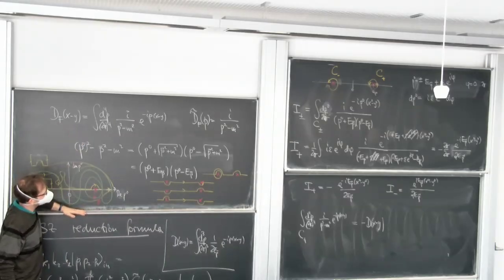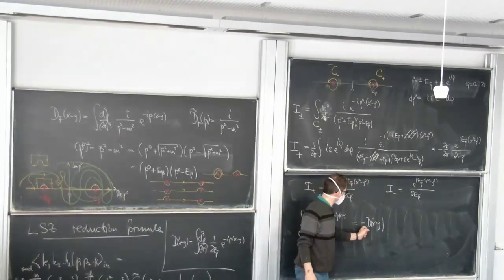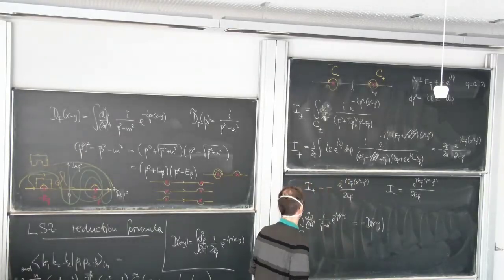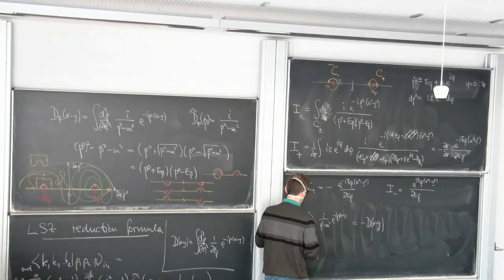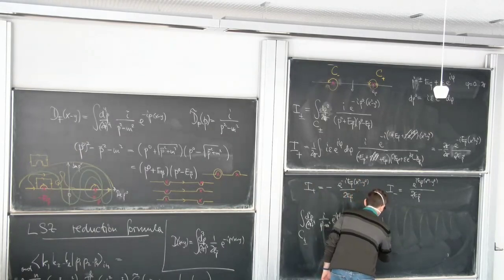If we took, for fun, just this circle, we'd get our propagation amplitude with a minus sign. If we have a minus, we don't get the minus sign, but we get the other order.